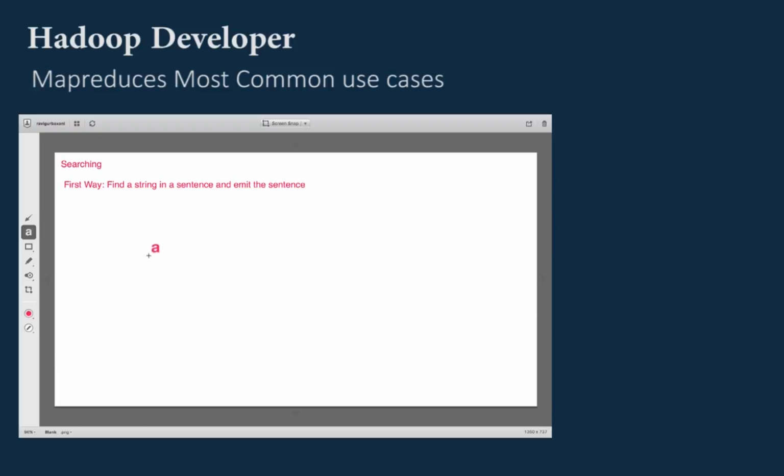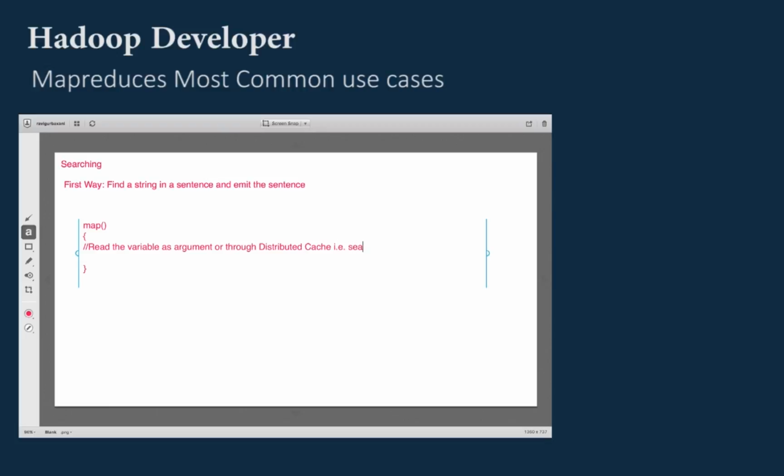So first, we will be reading record by record, and we will find if the string exists in that particular sentence. So read the variable as argument or through distributed cache.